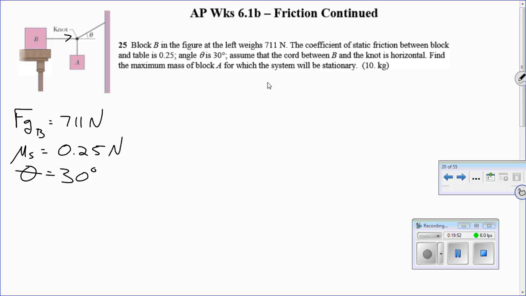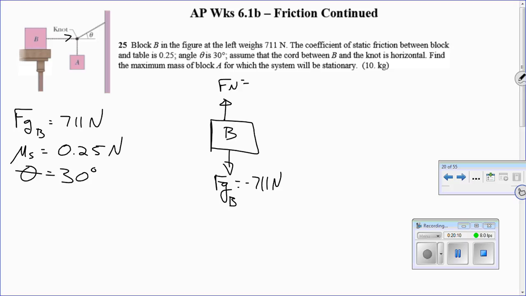Static friction max, right? So if we look at block B, we know that the force of gravity on block B is 711 newtons. Since the force from the knot is horizontal, automatically I know that my normal force must be positive 711, right? Here's the force from the tension in the rope.